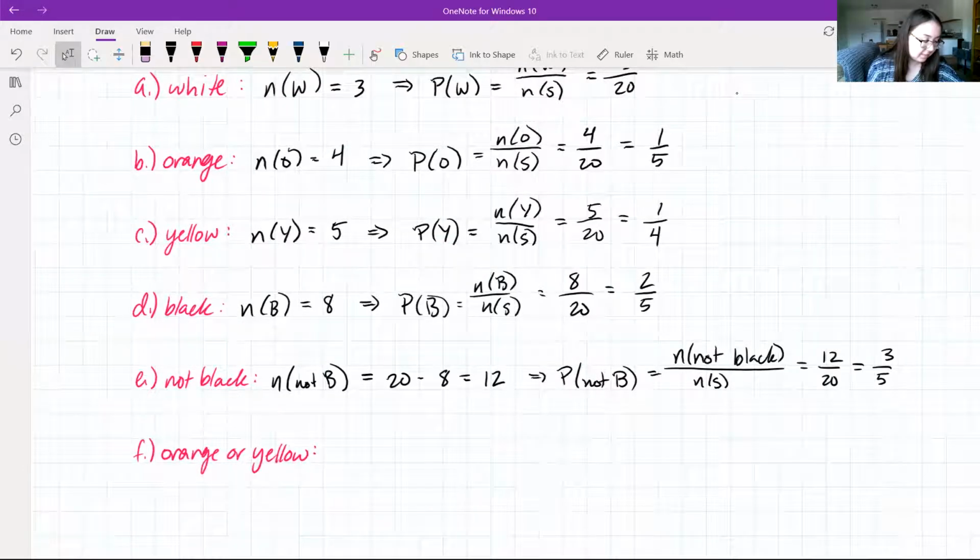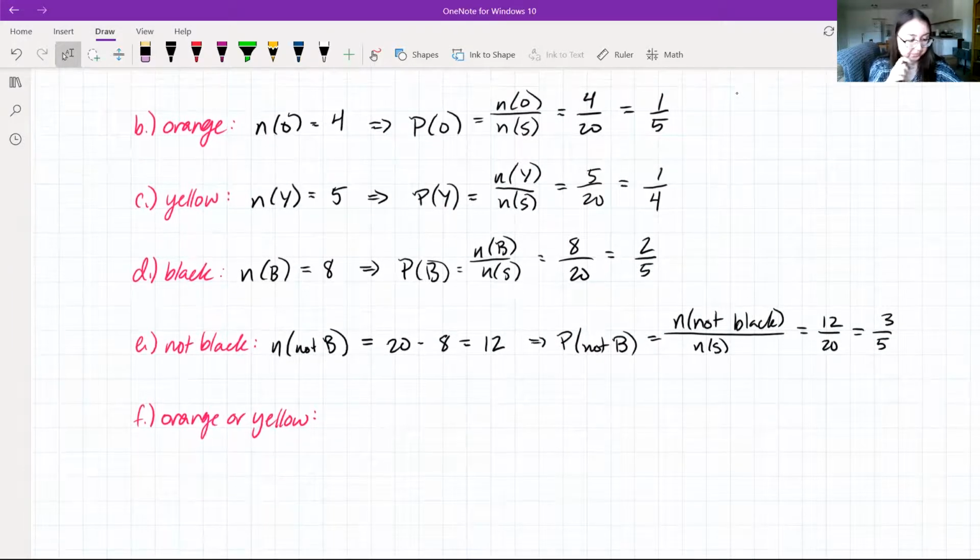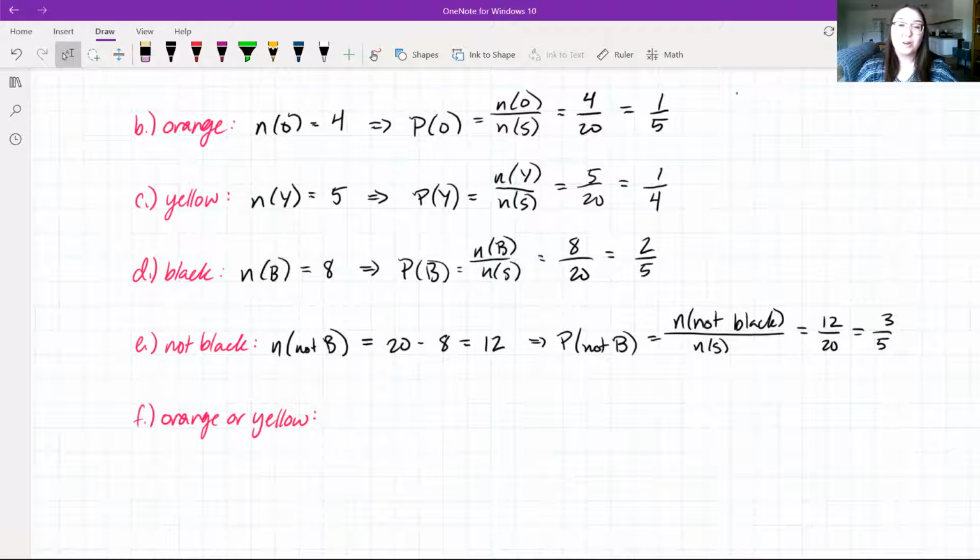All right, so lastly, we have orange or yellow. So if we're thinking in this case, orange or yellow, we're thinking of our union because we want orange or yellow.